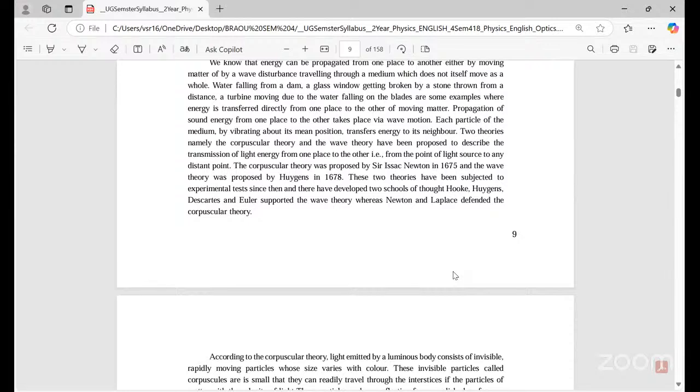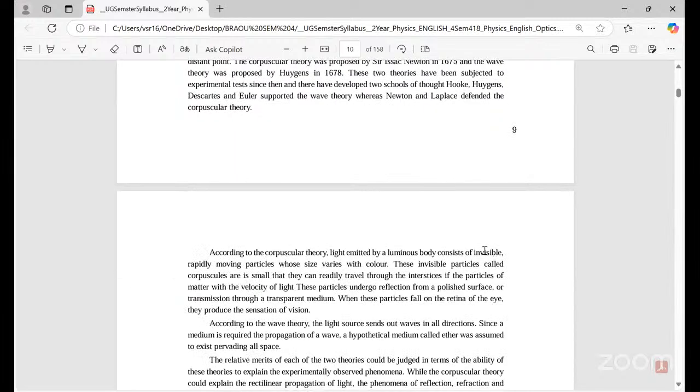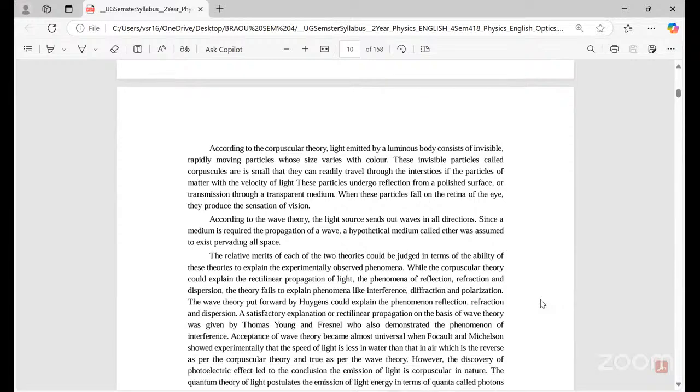At that time Huygens entered the picture and said that the energy propagating and transferring from one place to another is not by particles but by waves. A wave may include the particles, isn't it? That was said by Huygens' theory. Whatever failures were found in the corpuscular theory, Huygens successfully explained according to his wave theory.